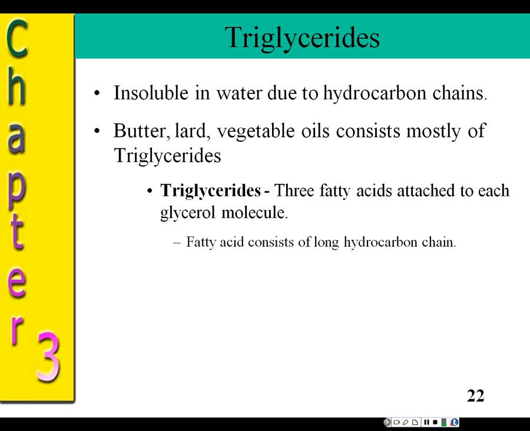A 3-carbon alcohol. So 1, 2, 3 carbon alcohol. Three-carbon alcohol called glycerol.